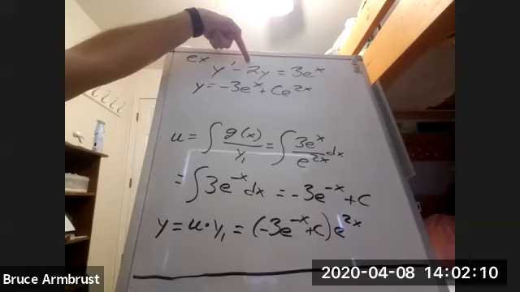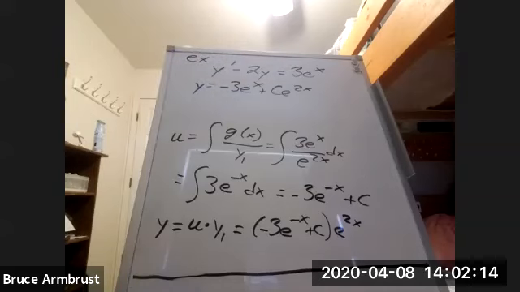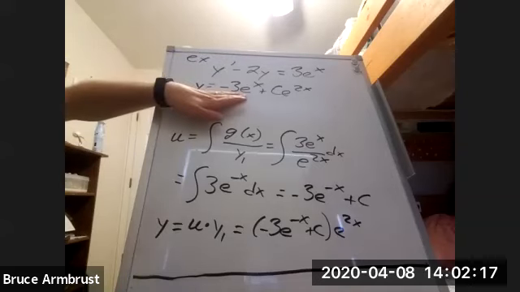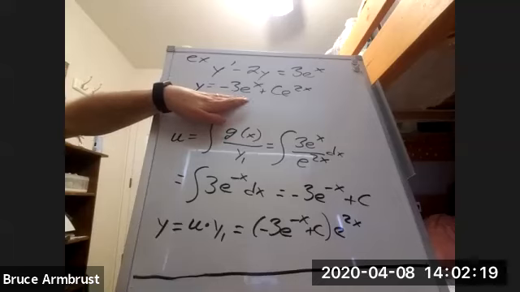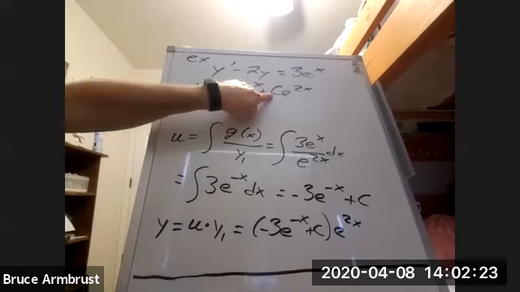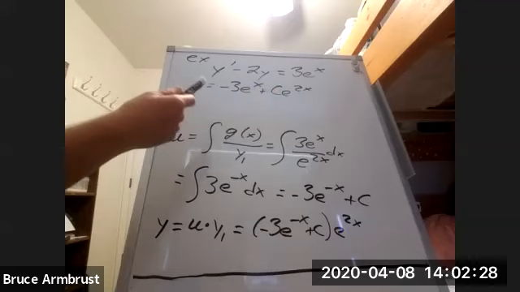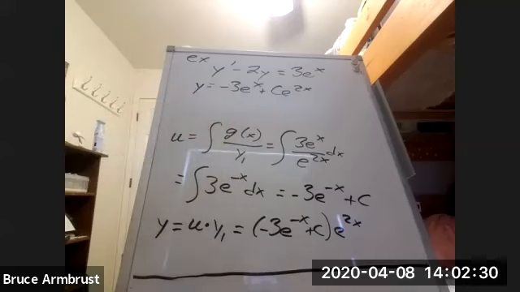Well, that's defined everywhere. 3e to the x, that's defined everywhere. So we know that this is actually going to work for all x. And if we are given an initial value problem, that would allow us to find the c. But regardless, the solutions all look like this.